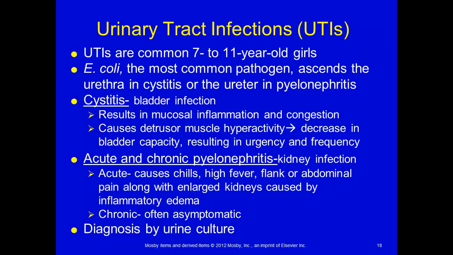There are going to be leukocytes, white blood cells in the urine, and there's going to be blood, either gross frank blood that you can actually see in the urine, or occult blood that just shows positive when you dip it, but you're not actually seeing blood. So that's the first line of diagnosis, something quick and easy like a urinalysis.